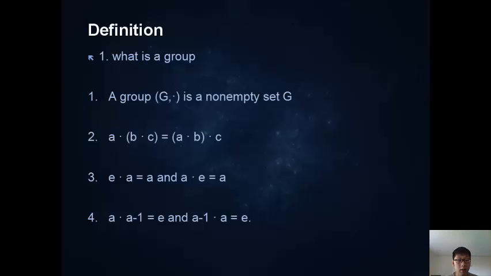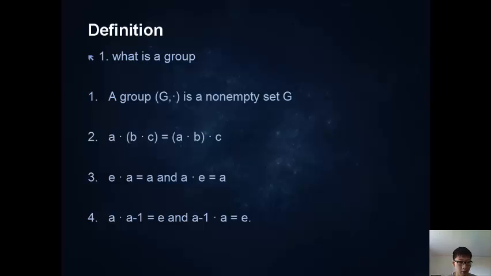The last one is the inverse. The definition of inverse is that for any element, let's say A, the inverse A to the power of -1 times the element itself will equal the identity. And A to the power of -1 must be in the group.